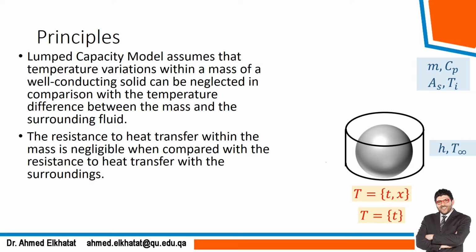In other words, the resistance to heat transfer within the mass is negligible compared with the resistance to heat transfer with the surroundings. That's why I have only a gradient in heat transfer due to the fluid.